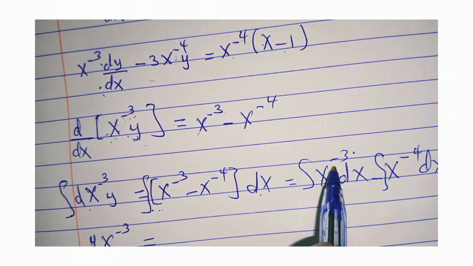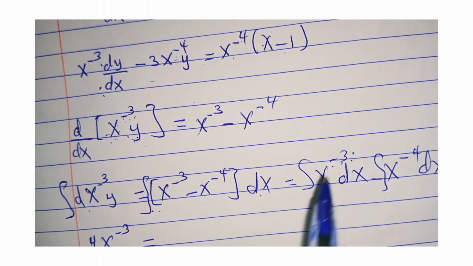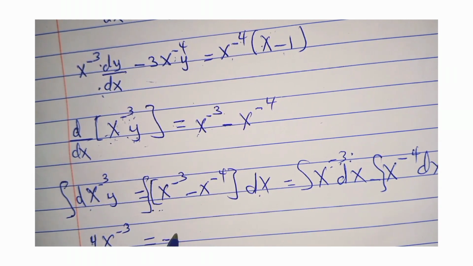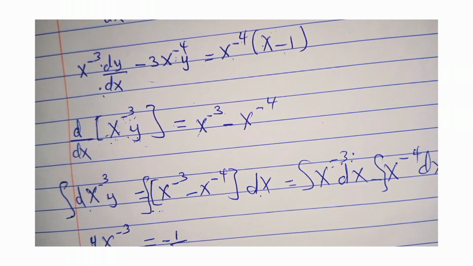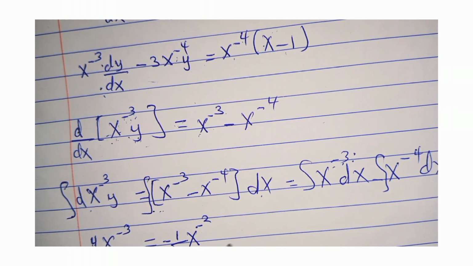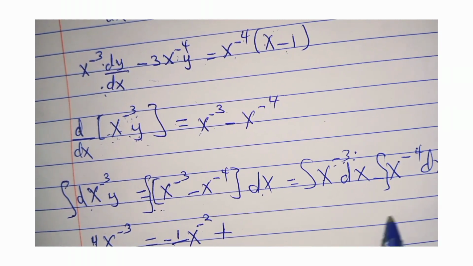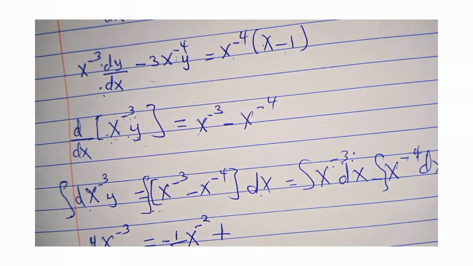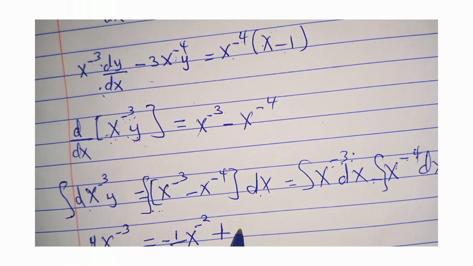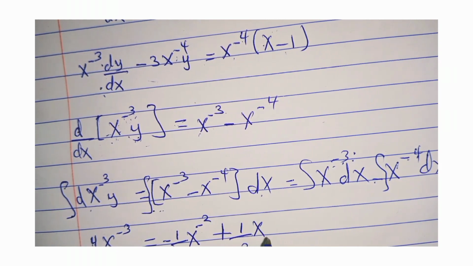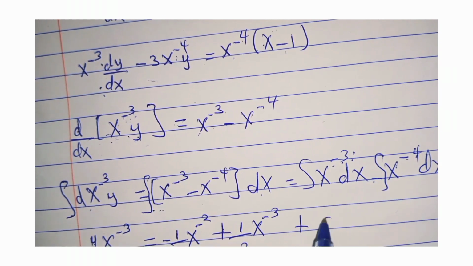Here negative 3 plus 1 will give you negative 2, so we divide by x to the power negative 2, then minus, and negative 4 plus 1 will give you negative 3. So minus and minus will give you positive. So this is 1 over 3 x to the power negative 3 plus constant c.